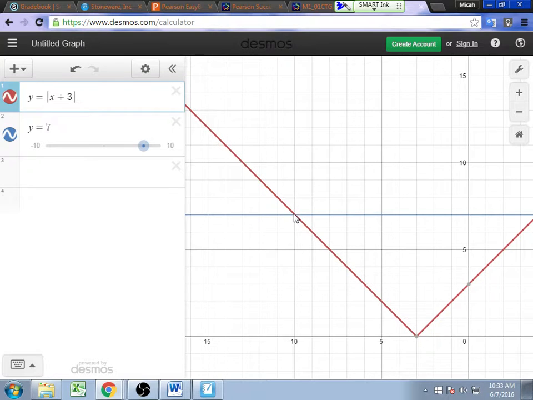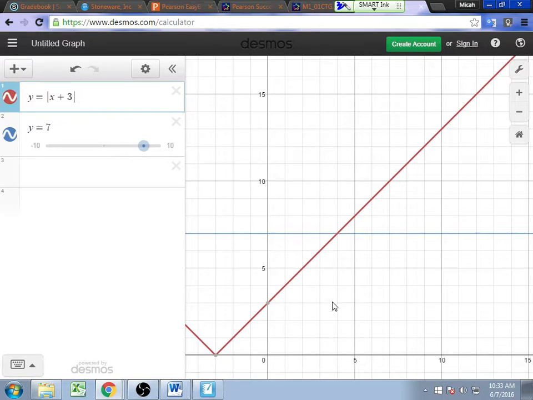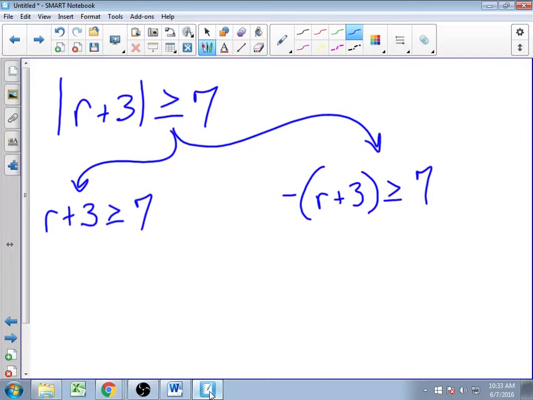I see I hit that 7 line at negative 10, and anything less than negative 10 will work. I also hit that line at positive 4, and anything greater than positive 4 will work. But how do we get there algebraically is the question.